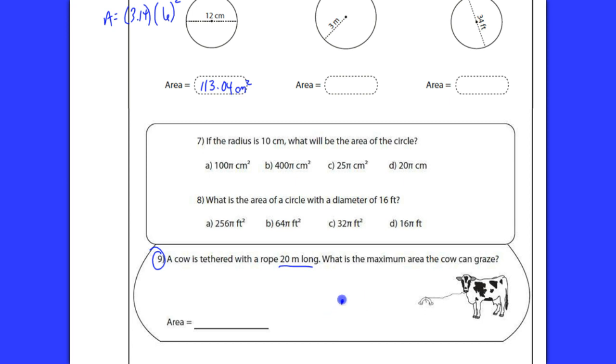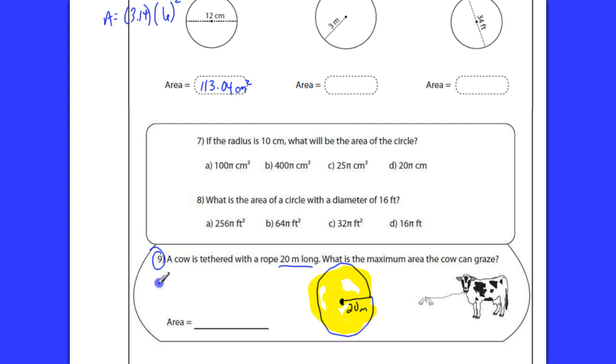So here's what they're saying. If that's the staking point right there, and that was 20 meters, they're asking you, if you would imagine that rope could stretch around, what is this space total that he could graze? So it's a measurement of this 2-dimensional space within that circle right there. So that's the area.